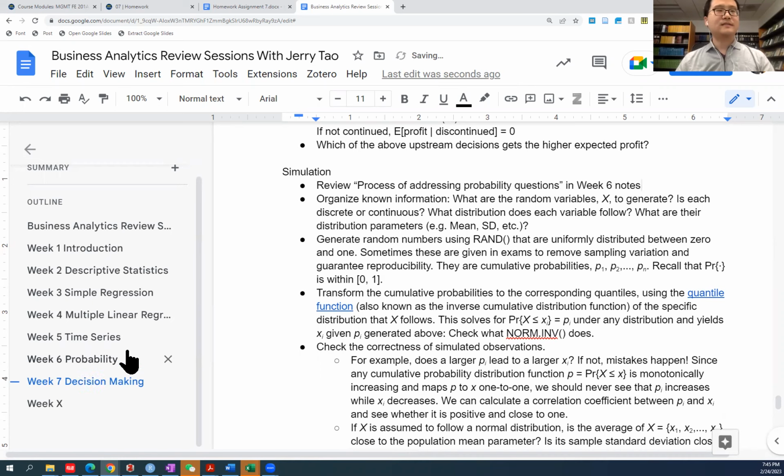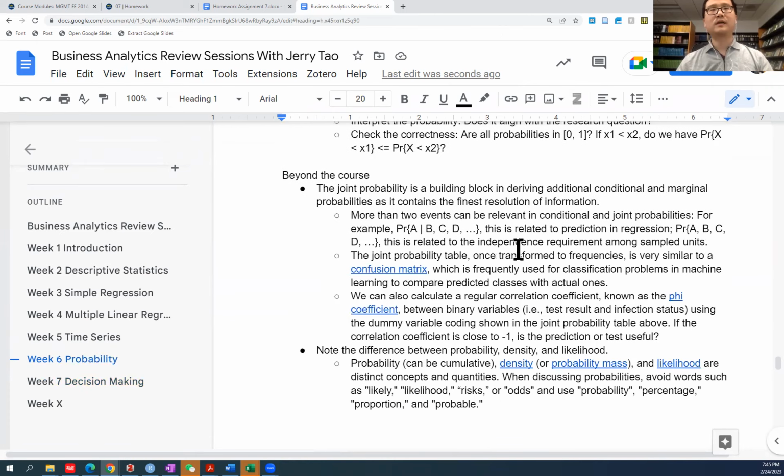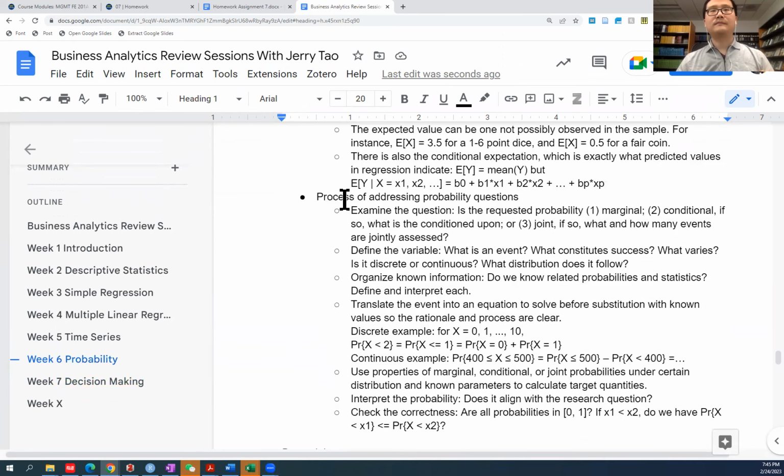In the week 6 notes associated with calculating conditional and joint probability, I provided you with the process of how to address probability questions.